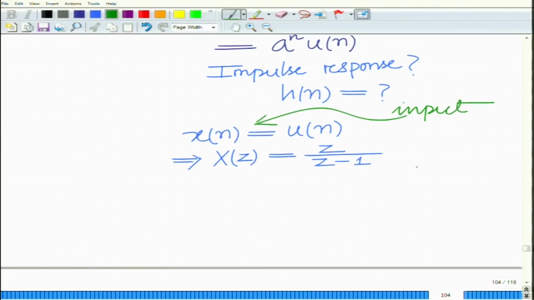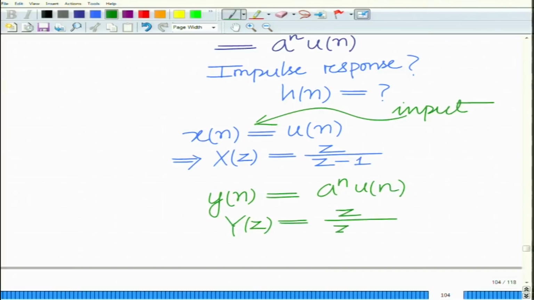Now, the output is y(n) equals a^n u(n), Y(z) equals z over (z minus a). This is the output.